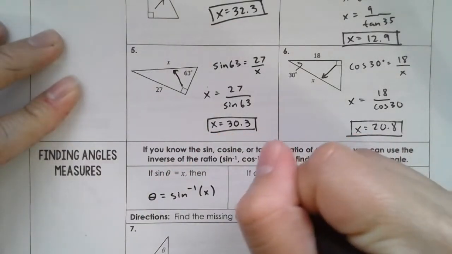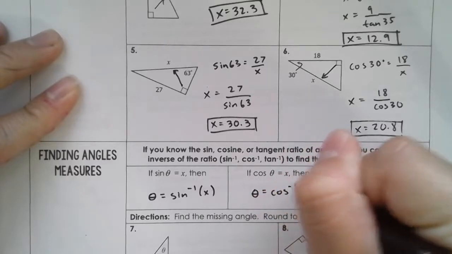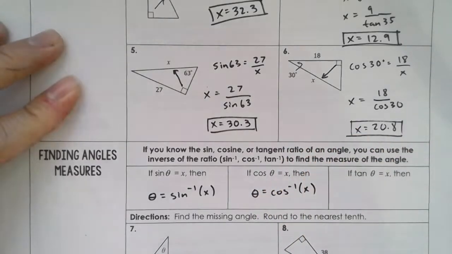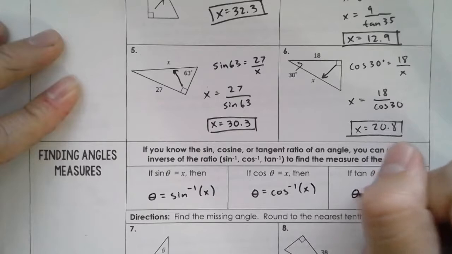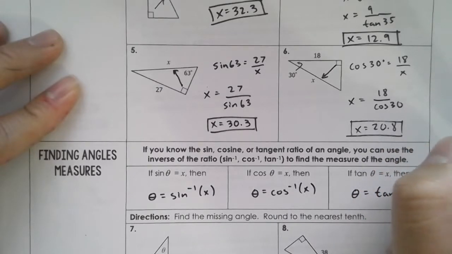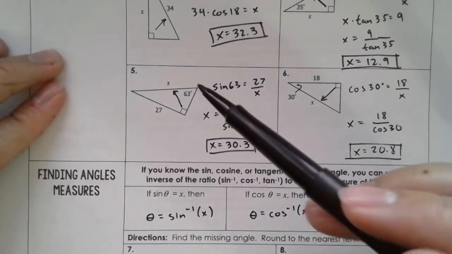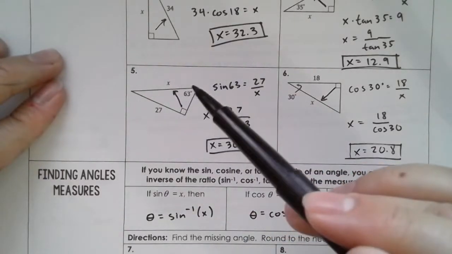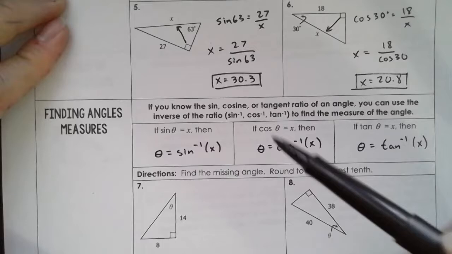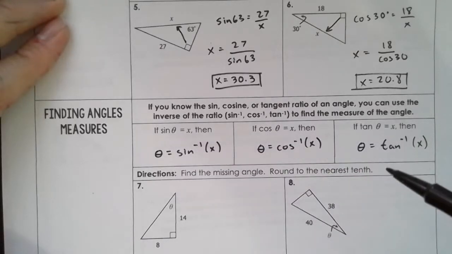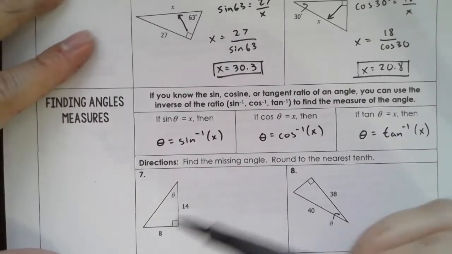Similarly, theta is equal to cosine inverse of x. And finally, theta is equal to tangent inverse of x. In the previous section, we used our trig functions to find sides. The inverse functions help us find the angles given the sides.